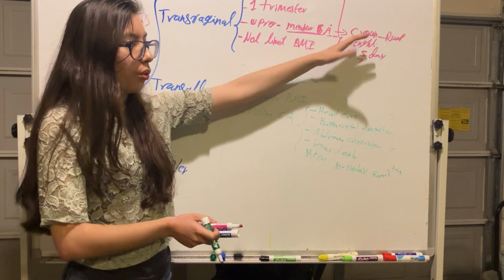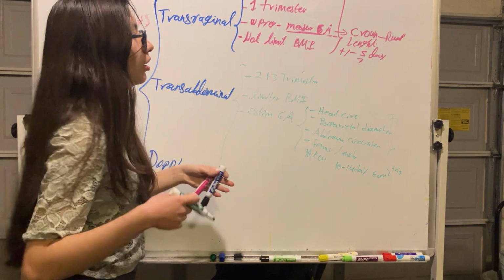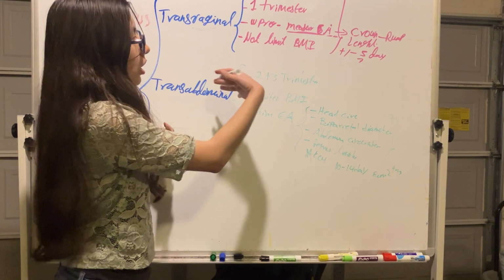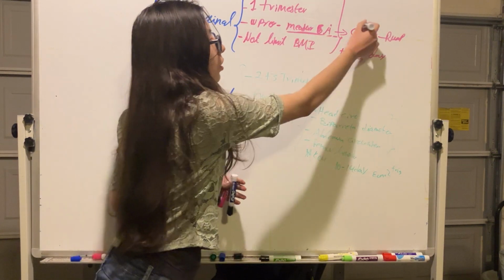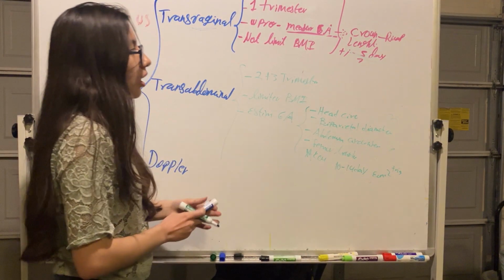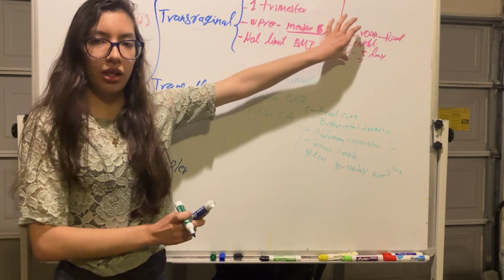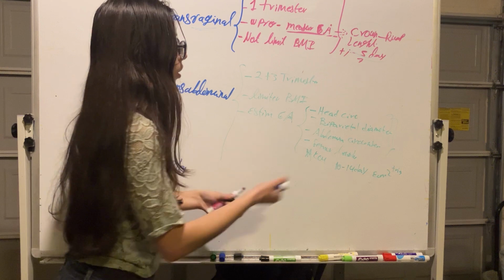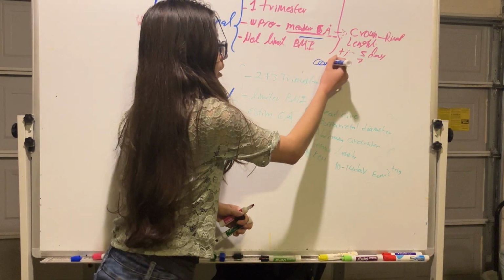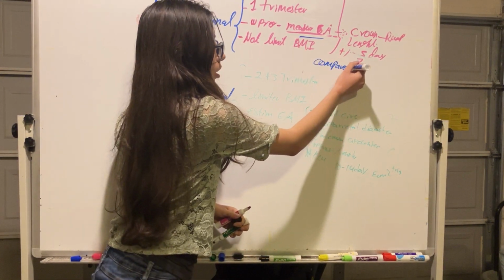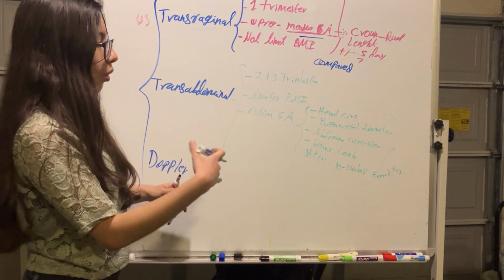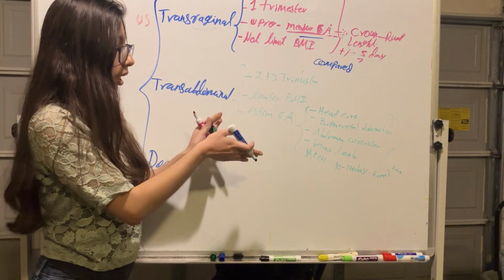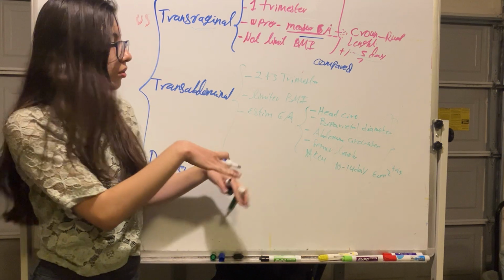So the gestational age is going to be based on this first transvaginal ultrasound measure of crown rump length, and that gestational age is always going to be compared in the follow-up visits when we do transabdominal ultrasound for several reasons.